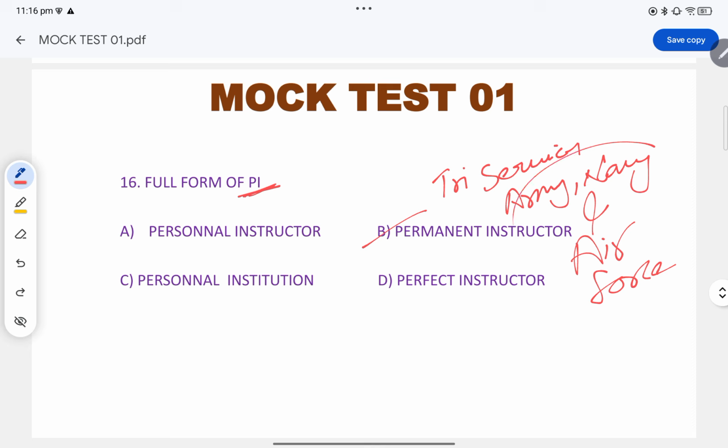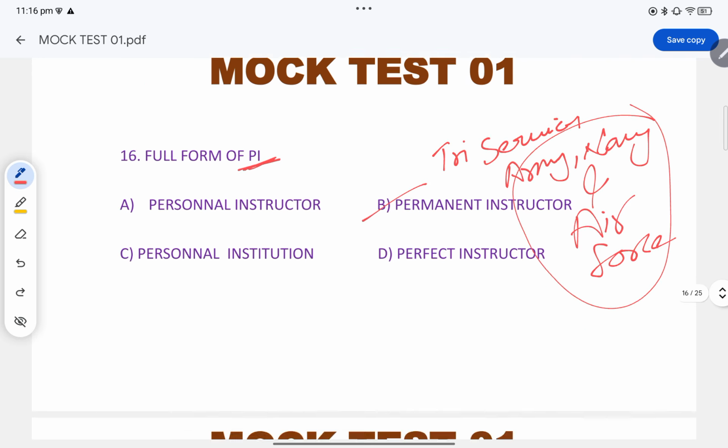They will be from the defense services only. They will take care of your training, your weapon training, your flying, your modelling, and whatever activities, parades, and all will be taken by the PI staff and the ANOs of your school.